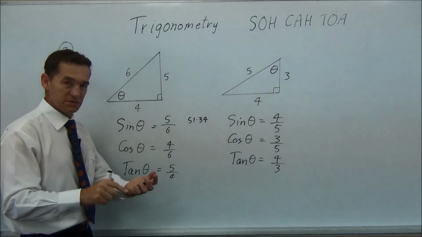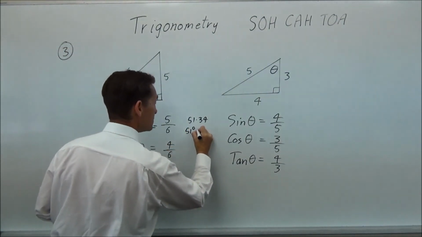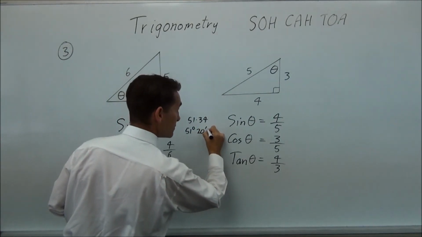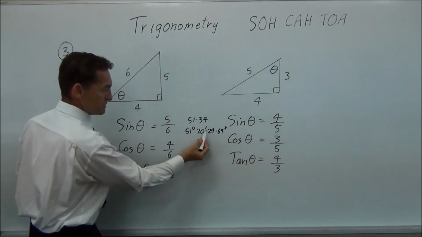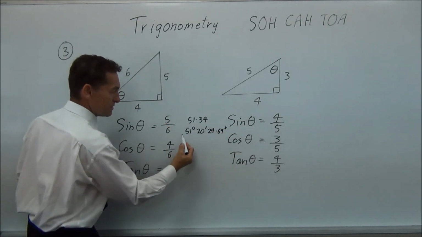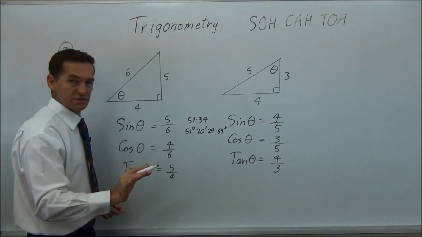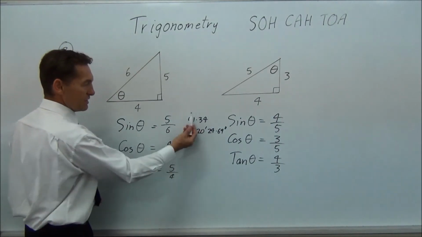Then you press the degrees, minutes, seconds button, and you get 51 degrees, 20 minutes and 24.69 seconds. Now usually you answer with just 51 degrees, 20 minutes, and that's usually it.